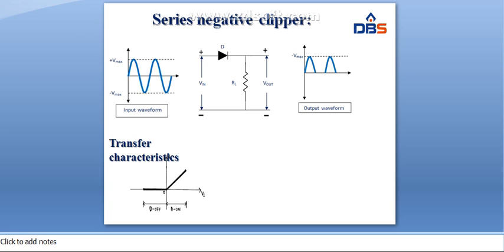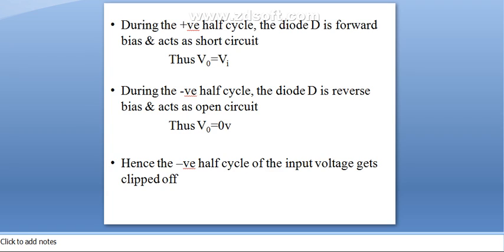Then V0 equal to Vi. So in the output waveform, during the positive half cycle, the output follows the input. Then V0 equal to Vi in the positive half cycle.